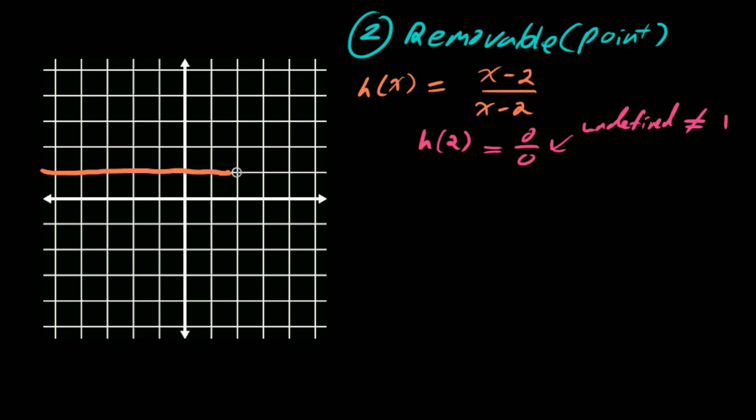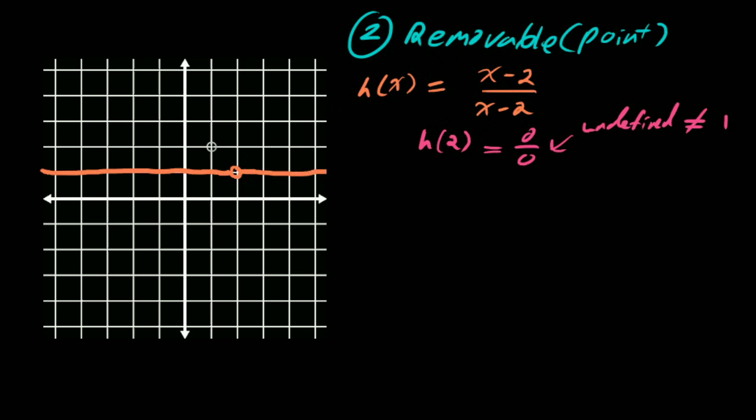And the only place that it's going to be undefined is right at that point, x is equal to 2, right there. And so this is pretty much the reason that this is called a removable or a point discontinuity.